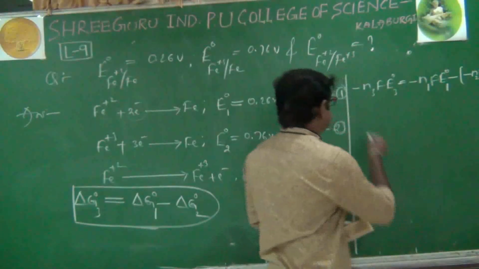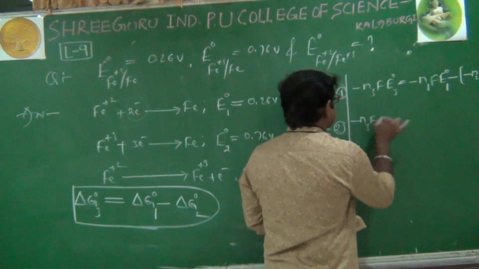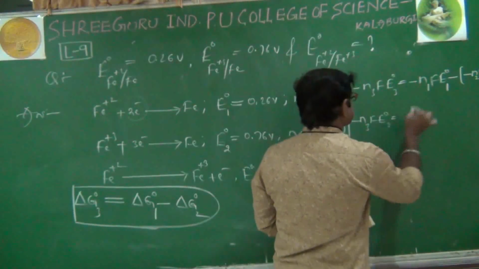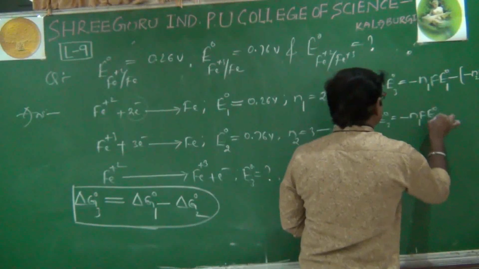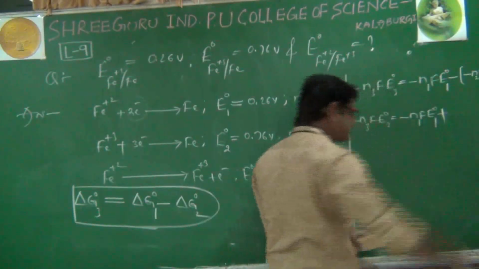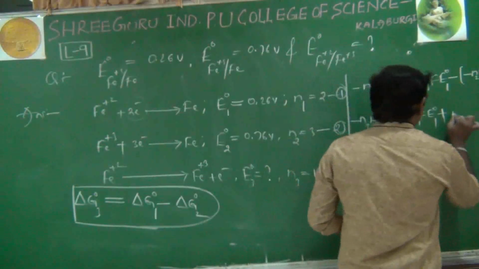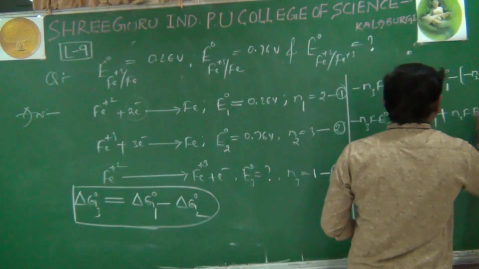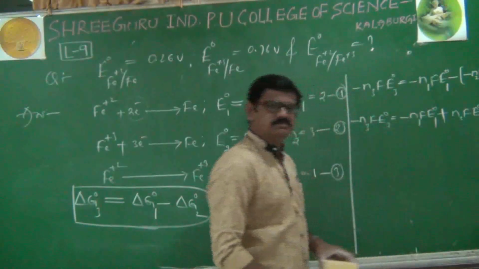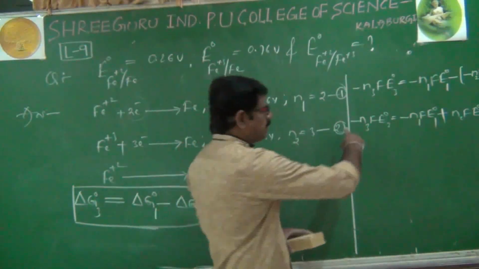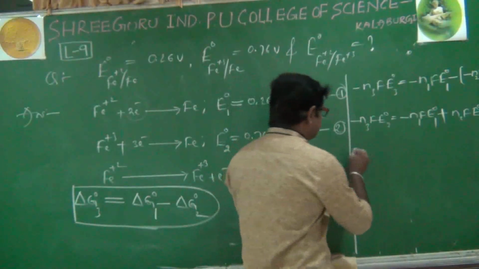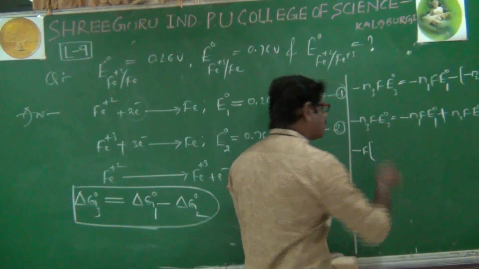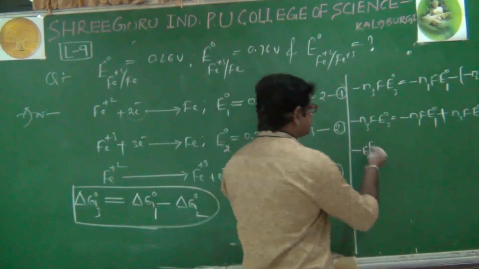That's all. Now we write N3 F E naught 3 equals minus N1 F E naught 1 minus into minus plus N2 F E naught 2. Now in both the LHS as well as the RHS, F is there, so I'll take minus F as common.